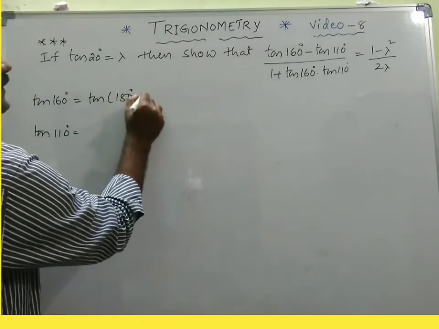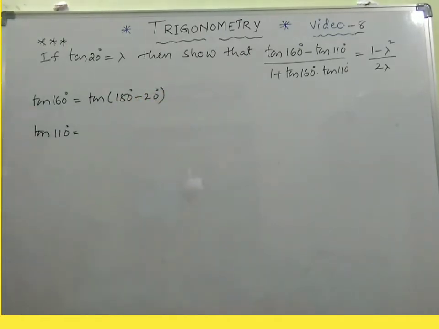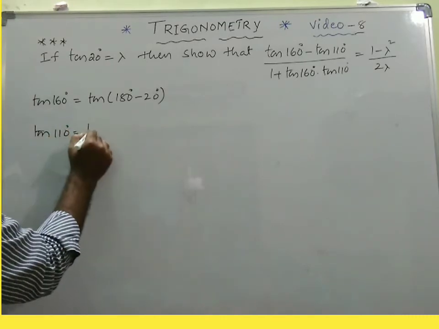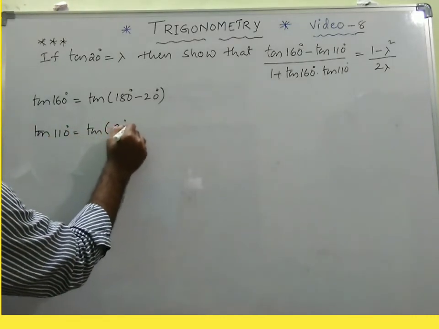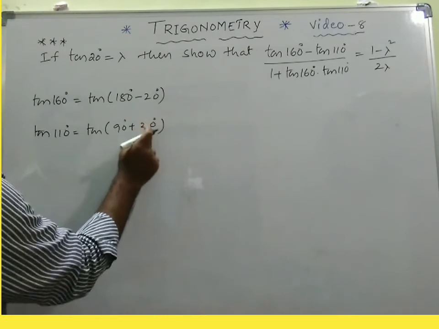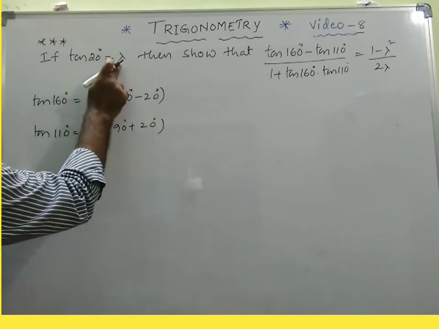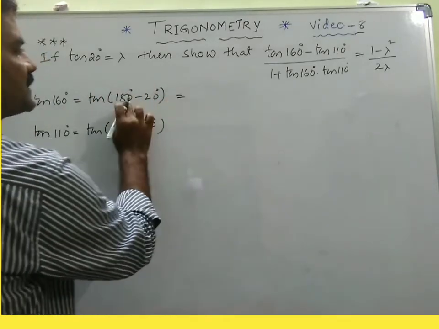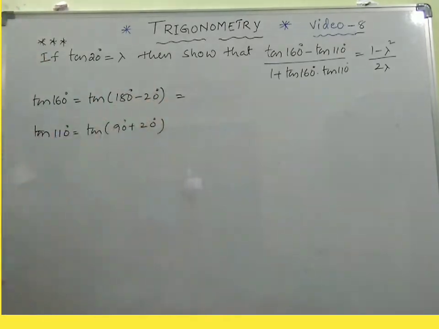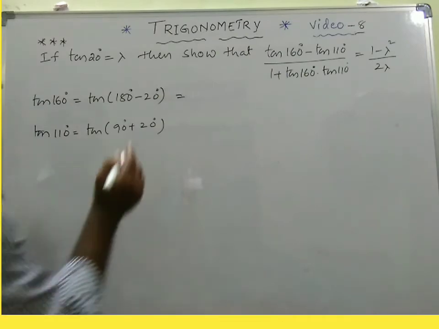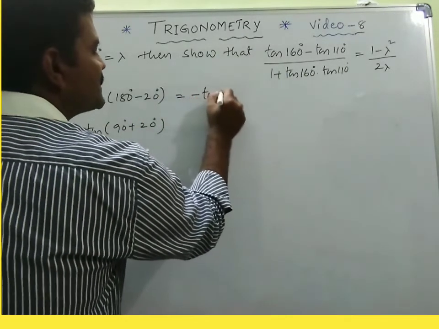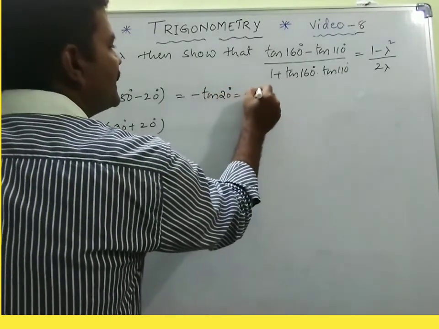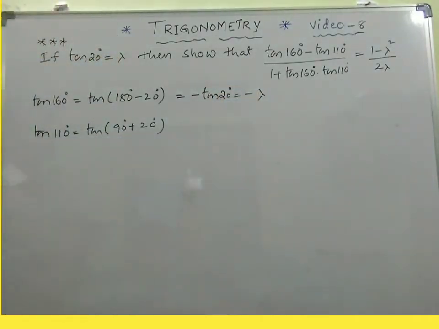I just want to write 160 as 180 minus 20. Even this one, I can write it as 90 plus 20. So 20 must appear, because I know tan 20 as lambda. Now you know 180 minus 20, it's like 180 minus theta, second quadrant, then tan is negative. So which is equal to minus tan 20 degrees, which I can write as minus lambda.